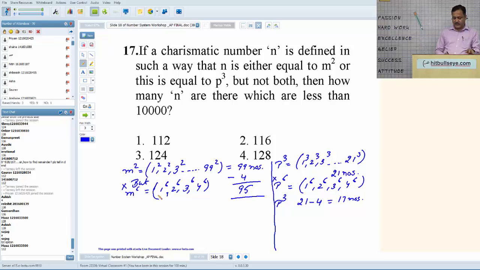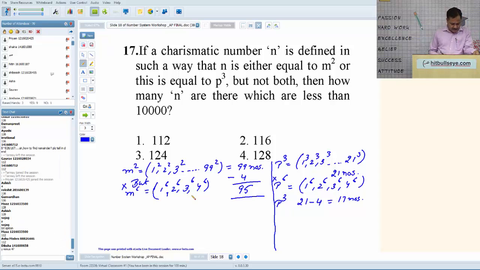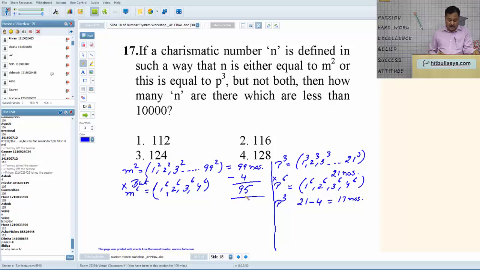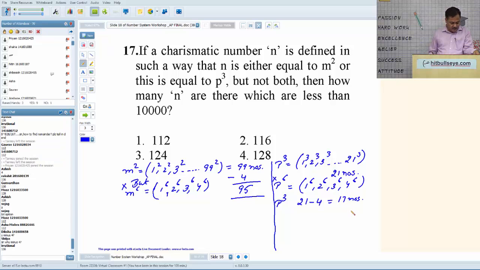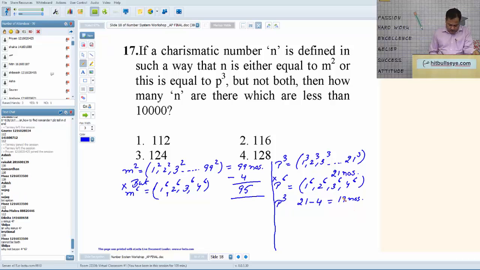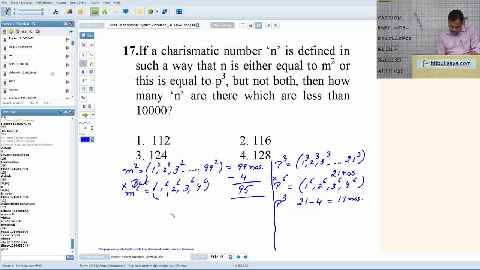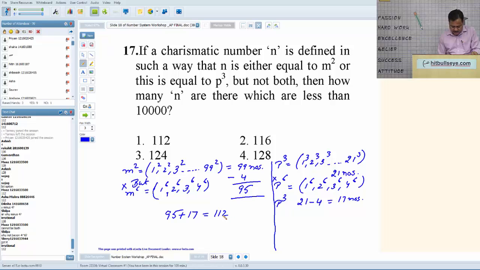So 1 raised power 6, 2 raised power 6, 3 raised power 6, 4 raised power 6 are eliminated. So 95 perfect squares which are not perfect cubes, and there are 17 perfect cubes which are not perfect squares. So total numbers are 95 plus 17, 112 numbers are there.